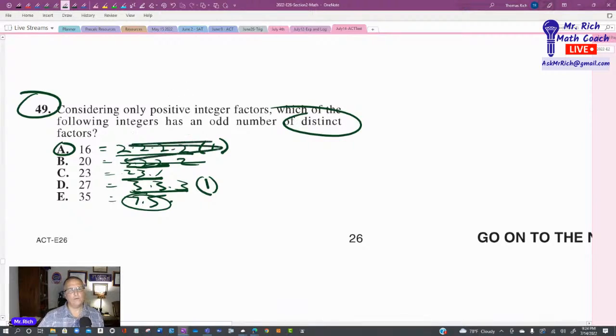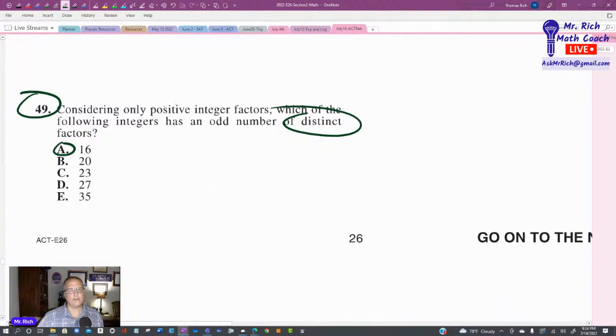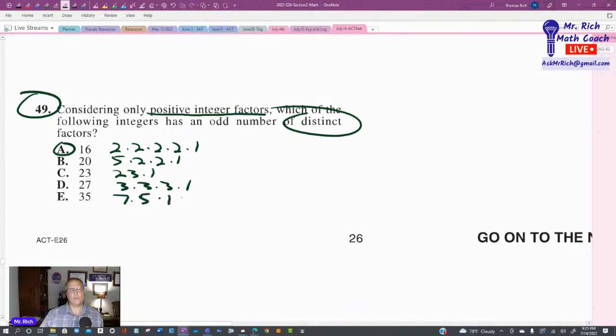If we include 1 as our factor, because we're talking about positive, I guess 1 would be included. So if we look at it this way, class, 5 times 2 times 2 times 1, and this one 23 times 1, and this 3 times 3 times, I see what it is here. Watch this. 7 times 5 times 1.